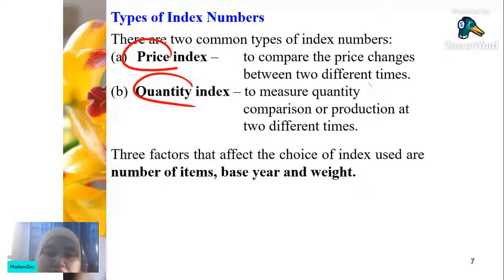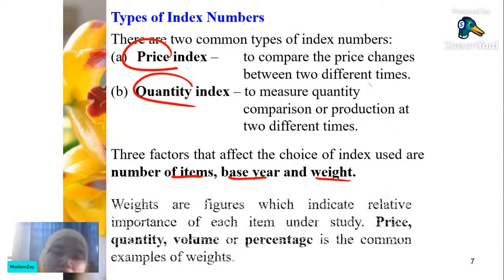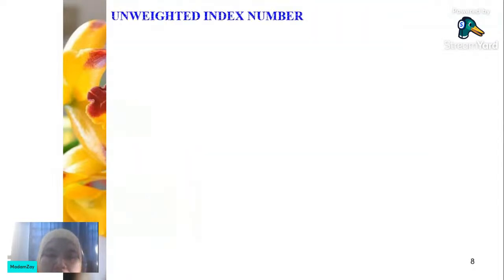So three factors that affect the choice of index used are the number of items, so how many items we use to compare, and then base year and also the weight. So weights are figures which indicate the relative importance of each item under study. The weight might be price or quantity or volume or percentage, the common examples of weight.